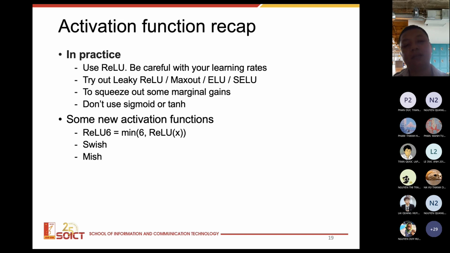Actually, it means the ReLU where you cap the maximum output of the ReLU to be six, right? Six is the number chosen after experimentation, okay? And you can also try Swish and Mish.